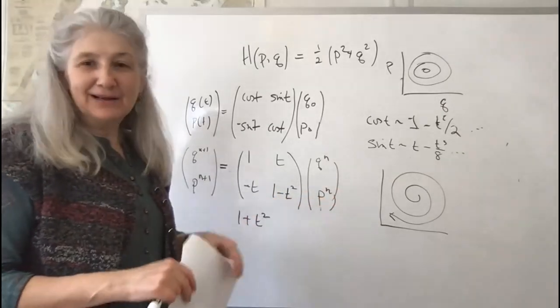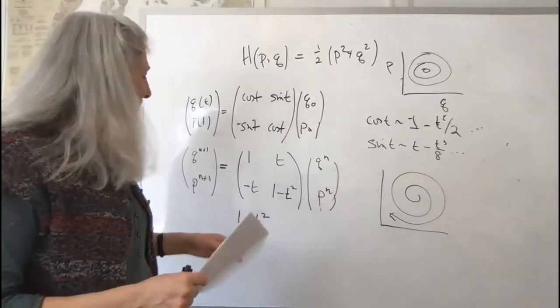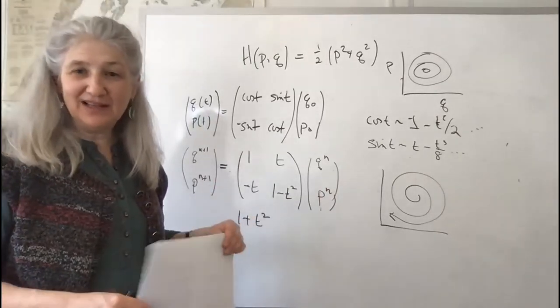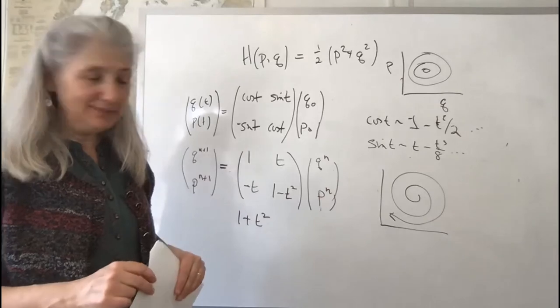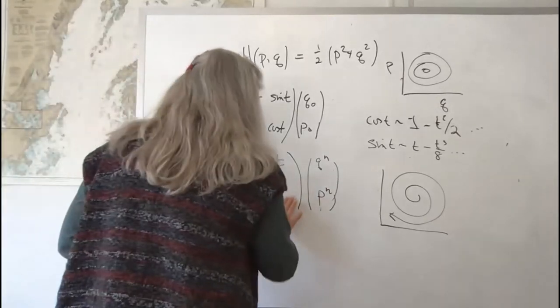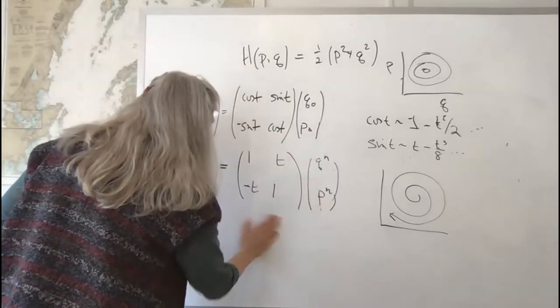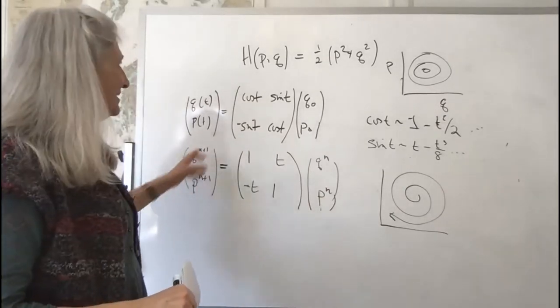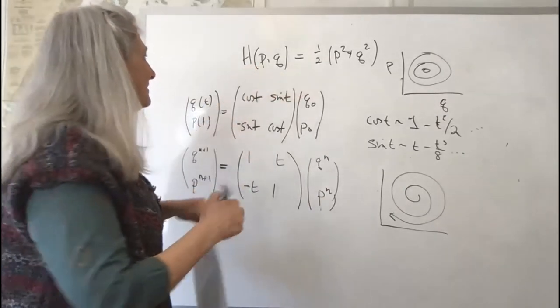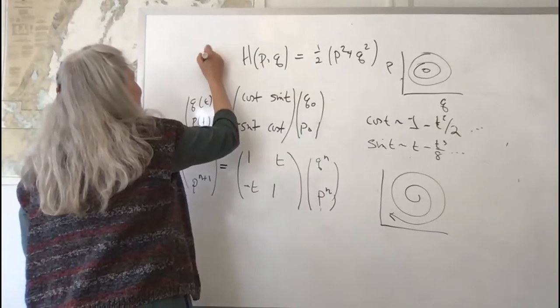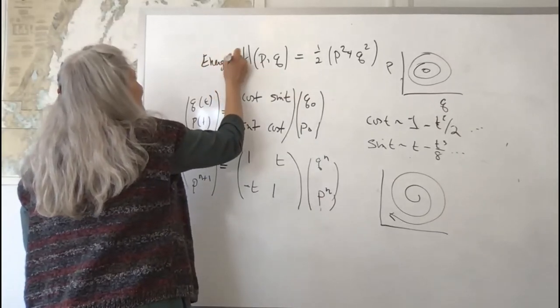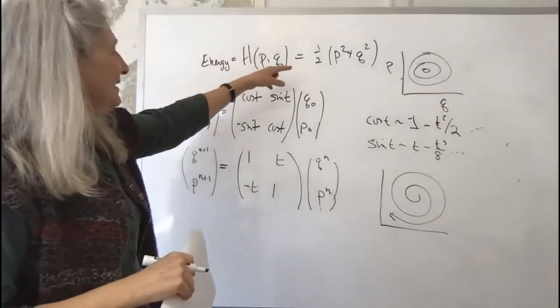So what I can do now is we can actually calculate the new energy after the time step. With this scheme, how do I calculate the new energy? Well, this is equal to the energy, only I wrote it out as a Hamiltonian.